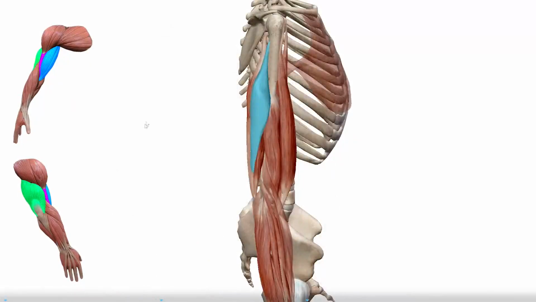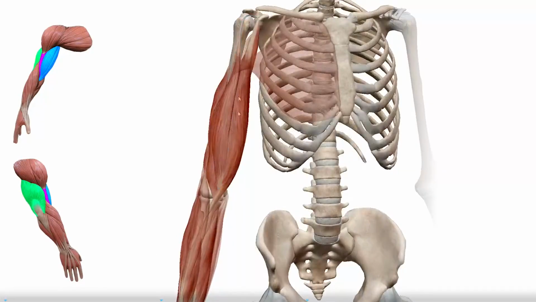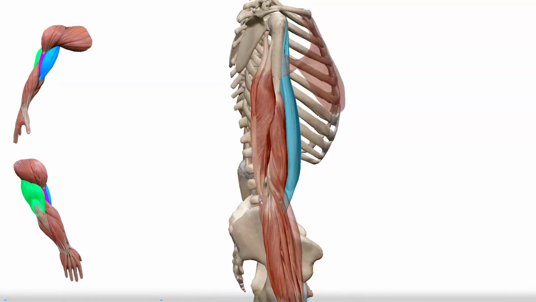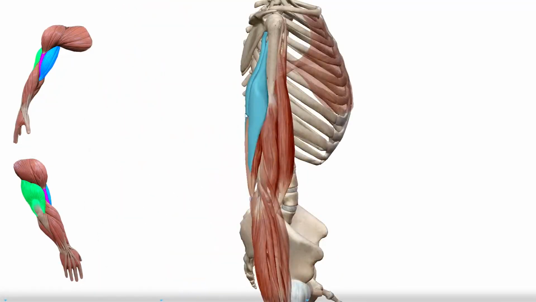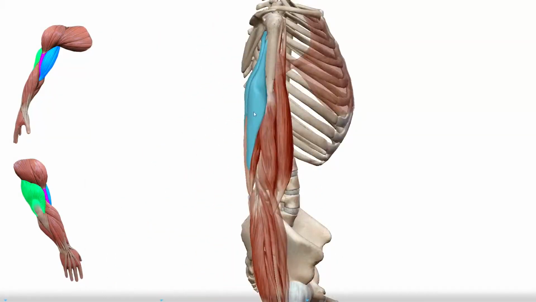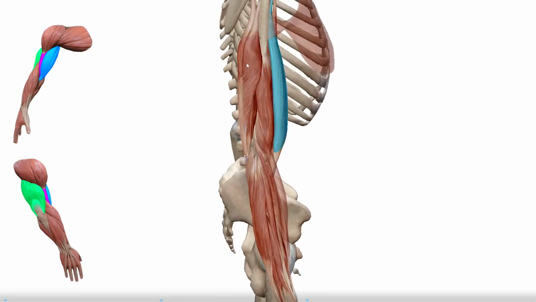So we've seen that the biceps is a flexor muscle, so it helps to flex your arm and rotate your elbow joint. The triceps is going to act as the opposite of that. It's going to be an extensor muscle, so its purpose is to extend the arm. So flex with the biceps, extend with the triceps.